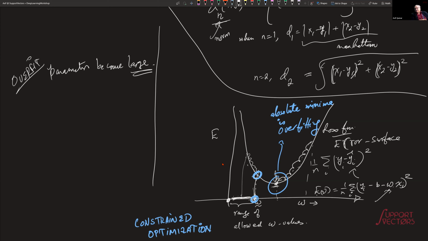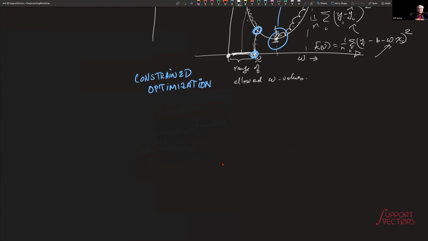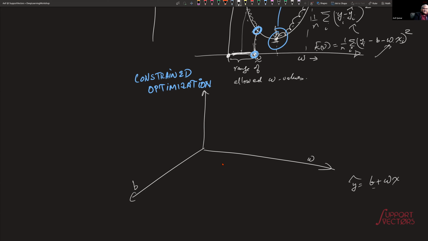Now, let's look at it in 2 dimensions and what it looks like. Suppose this is your B and W, you're writing Y hat is equal to B plus W x. Think of the 2 parameter space, and here is your error surface. Somewhere there will be a minima.